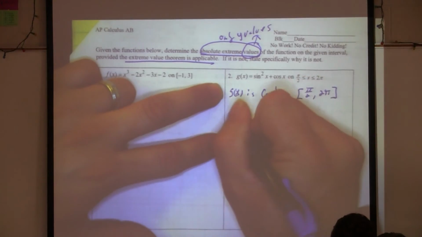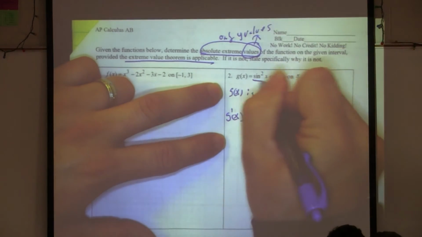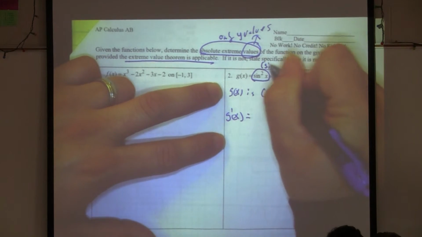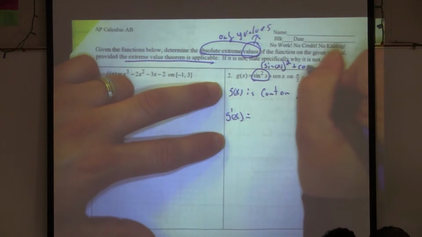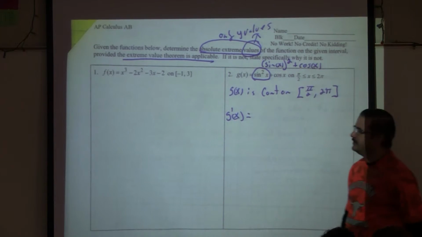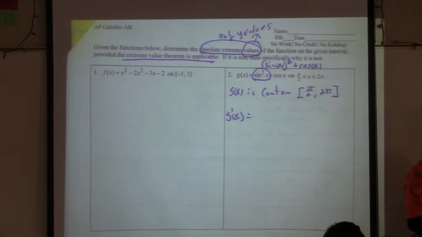How do I have to think of this? Sine of x squared, the whole thing to the second power. I have to think of it that way also when I type it in my calculator. Don't try to put the 2 there because it won't work. You gotta put parentheses and square the whole thing.